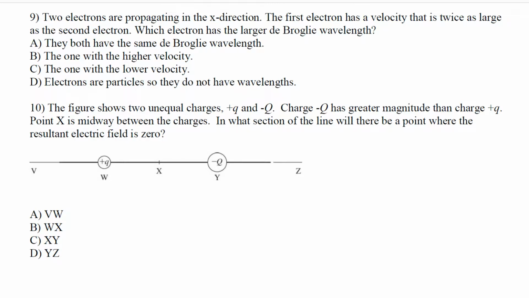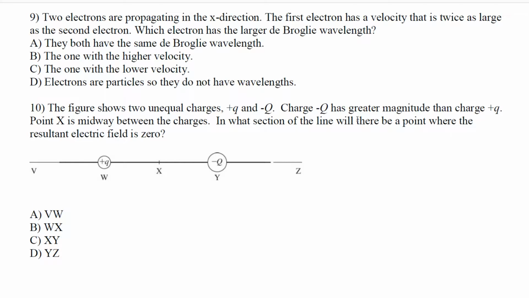Immediately, if you just skim the topic of de Broglie wavelength, D is not possible, because the whole idea is realizing that things you would normally treat as particles, such as electrons, can actually behave like waves because it's on such a small scale.